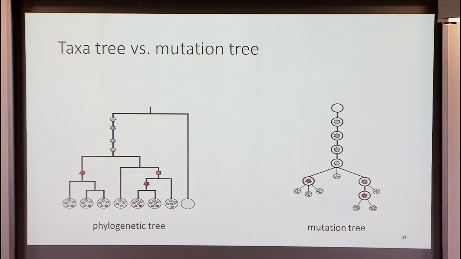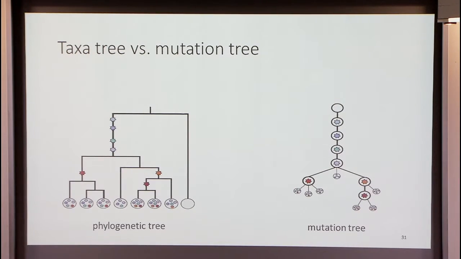So what we think is more convenient to do here is, rather than looking at a phylogenetic tree, looking at a mutation tree. In the mutation tree, the interior vertices are labeled with the mutations. Also there's one vertex for each mutation. And the samples or the cells are attached to this mutation tree.